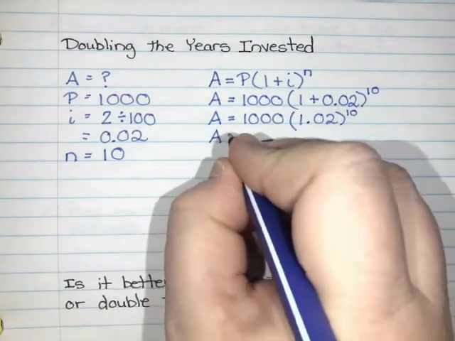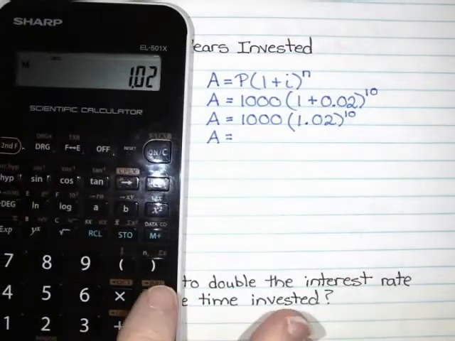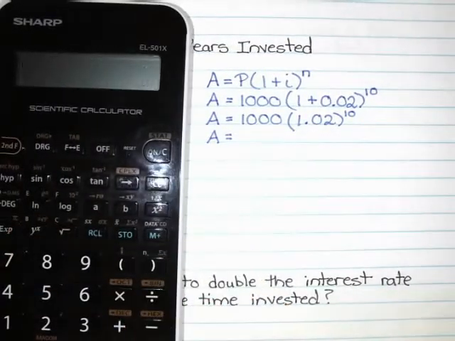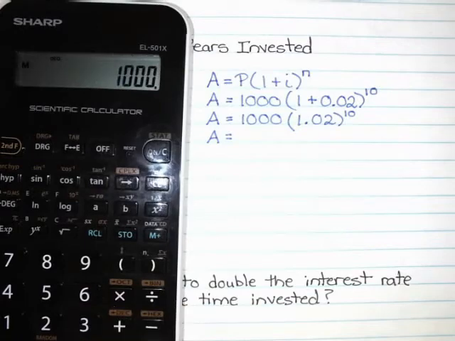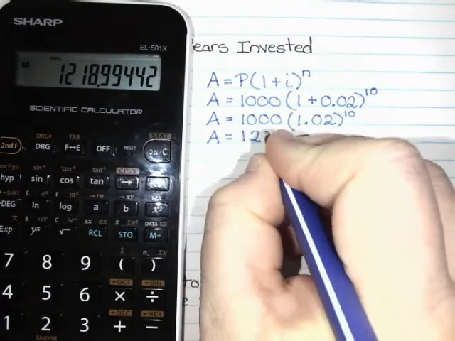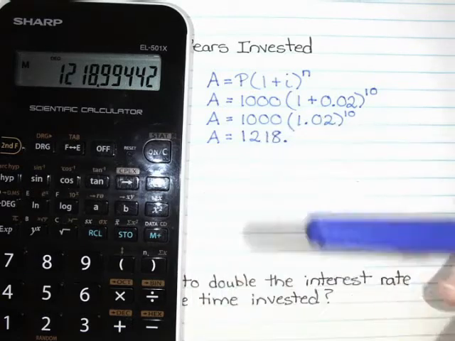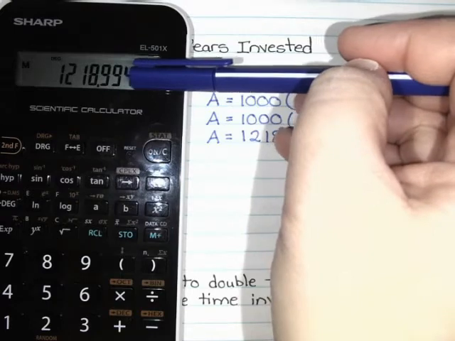Now, order of operations says we should do the power first. So I have 1.02 to the power of 10. But I don't want to have to write that whole decimal down, so I'm just going to go ahead and multiply by 1,000. And I get $1,218. And now it looks like 99 cents, but I am going to take a peek at that next number.